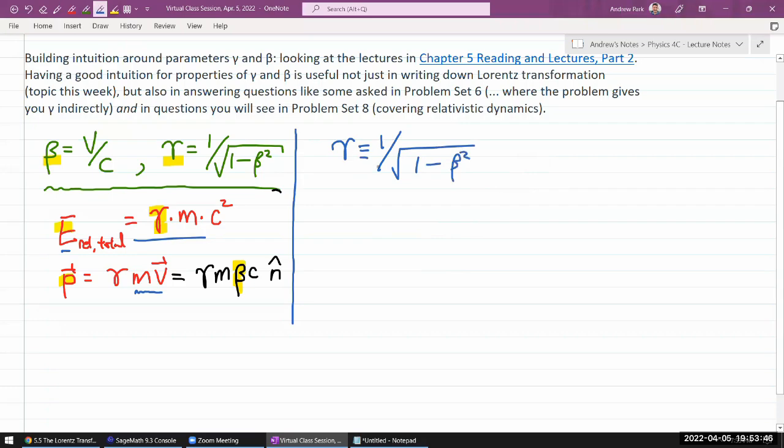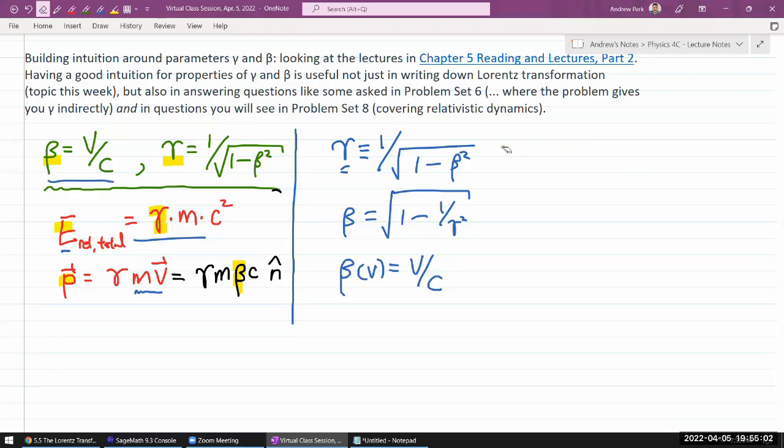That's what we had before. And we can solve for beta in this expression. I've done that before and got the square root of 1 minus 1 over gamma squared. That's sometimes useful. Let me leave it here and show you some numerical plots to try to gain some intuitive feel for this.